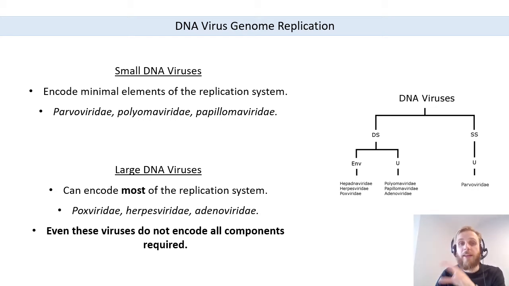However, even with these large DNA viruses, they are still dependent upon the host enzymes and machinery to a degree. All viruses are dependent upon host cells ultimately for these processes to be complete. As we've said plenty of times, viruses are obligate parasites. They need the host cell for these processes to complete successfully. Therefore, even though the large DNA viruses carry a lot of the machinery themselves, they still require the host cell for at least some components.